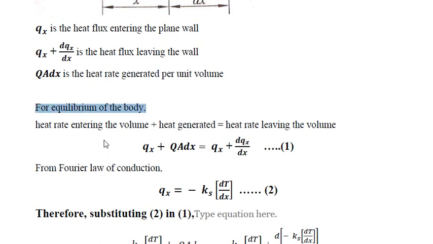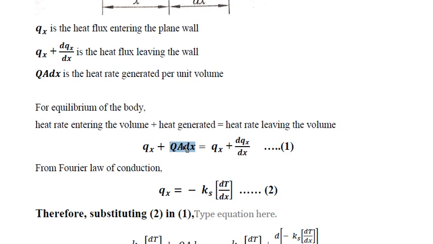Then it is considered that the entire system is in equilibrium, which means Qx is the amount of heat inlet, plus capital Q into A dx, where capital Q is heat rate generated.